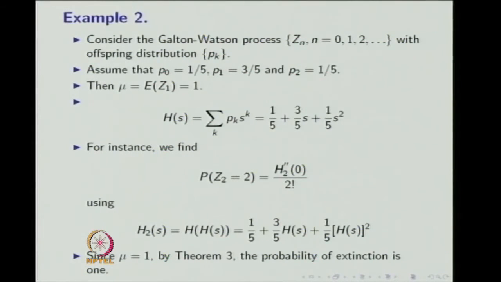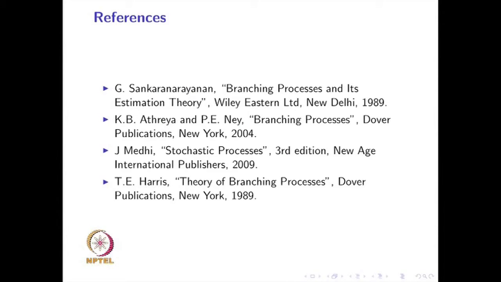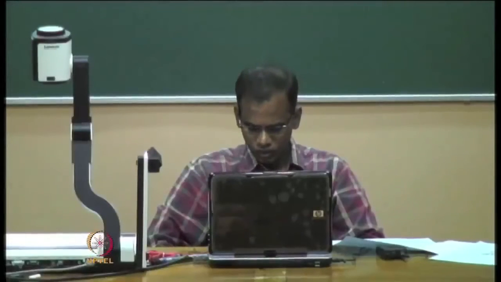So in this lecture we have covered the definition and the examples of branching process. In particular, we have discussed the Galton-Watson discrete branching process. We have discussed the probability generating function of Z_n.